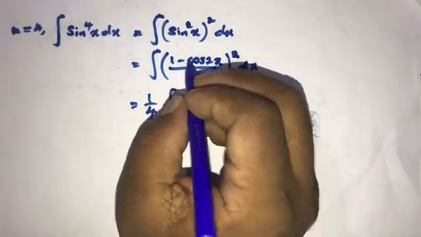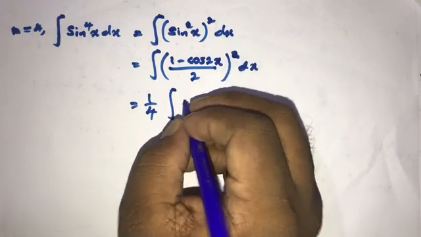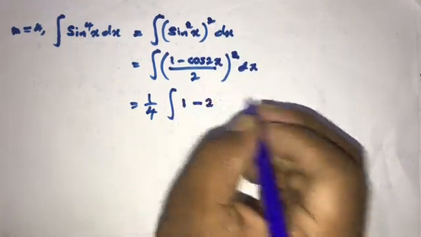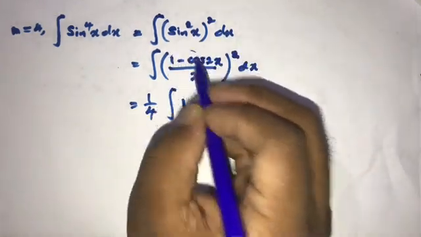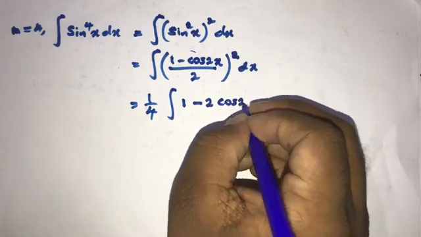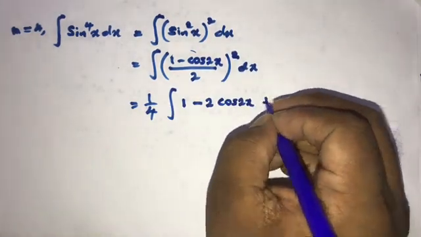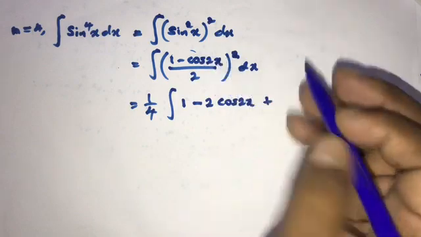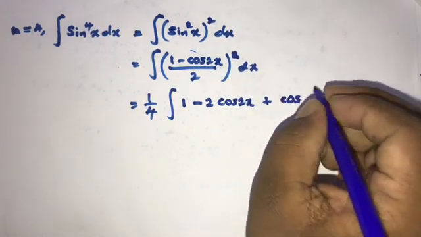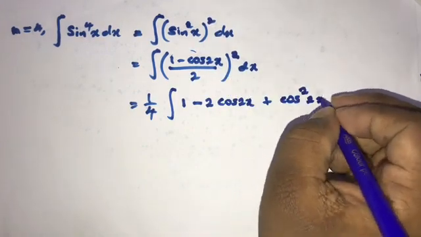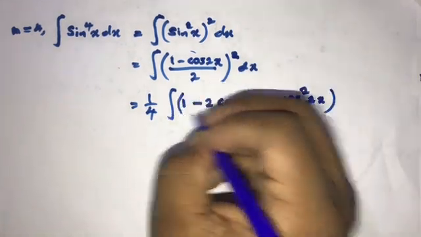Simplifying this: 1 minus 2 times the product of these two terms, so cosine of 2x, plus the square of the last term, so cosine squared 2x.